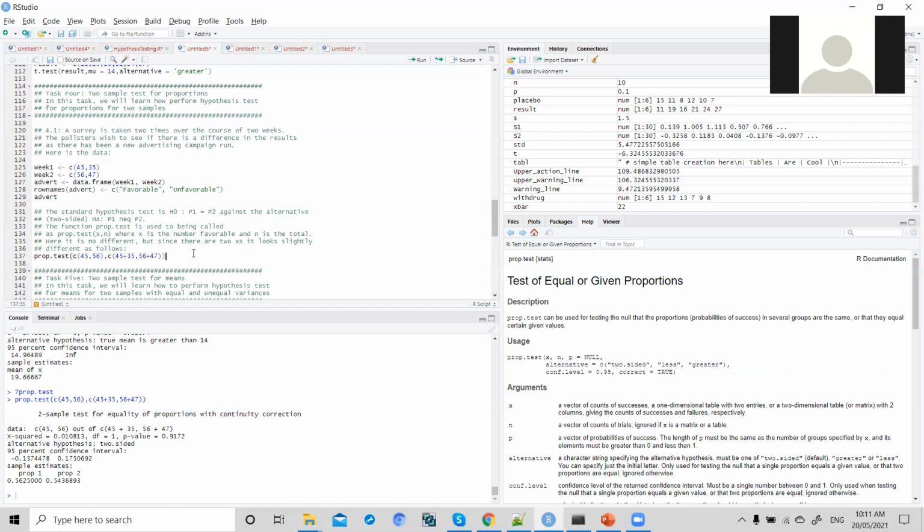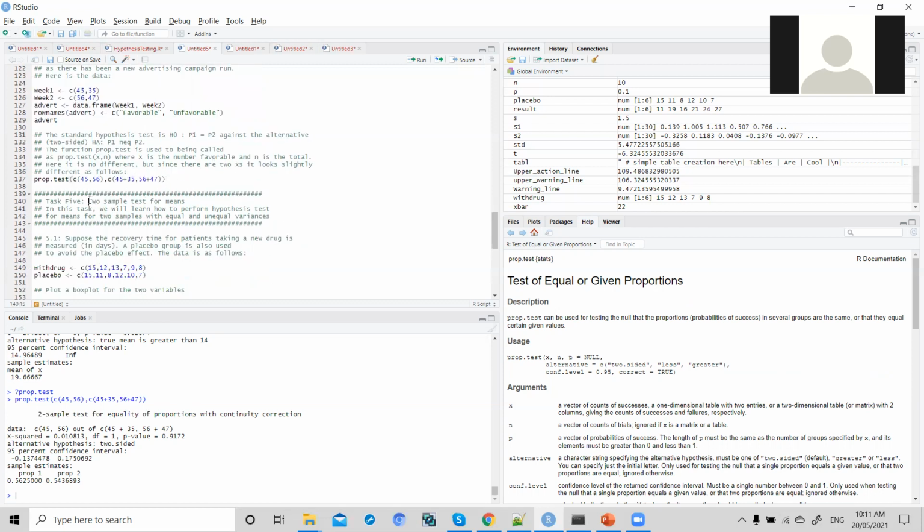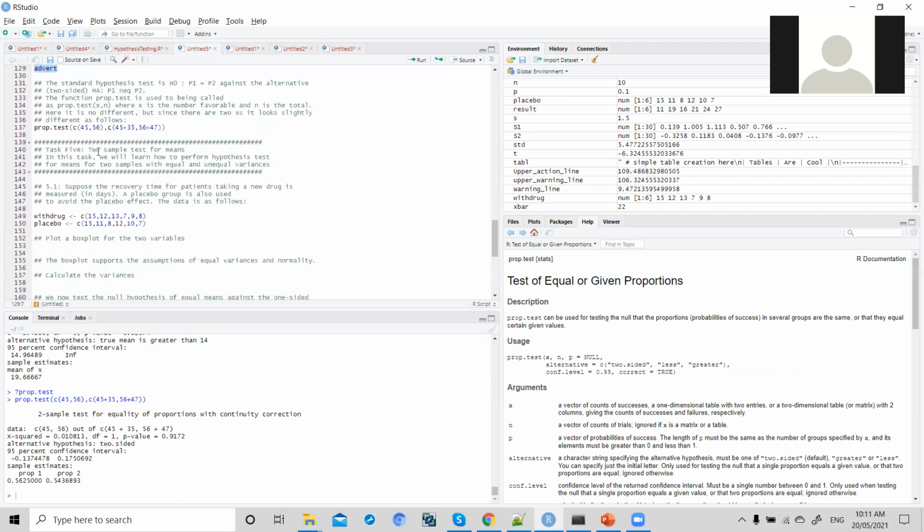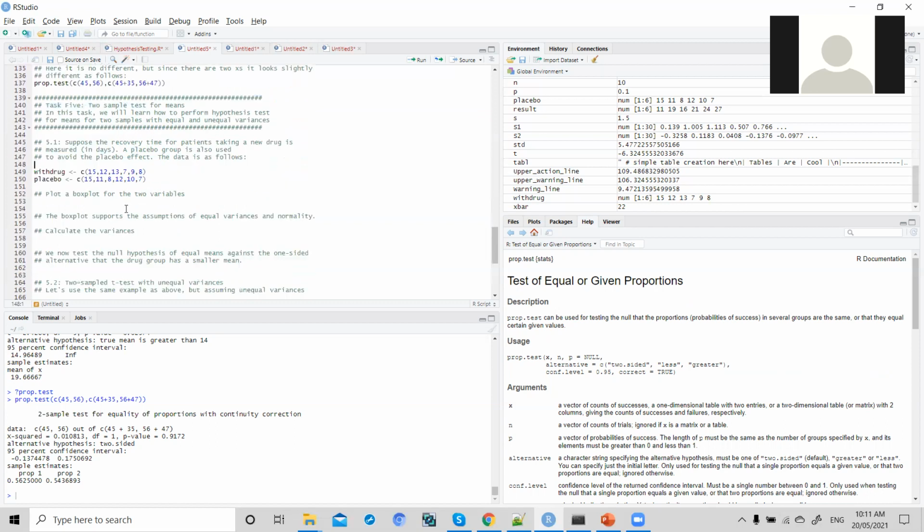Likewise, we have two sample tests for mean, just as we did for proportion here. Suppose here is the data.